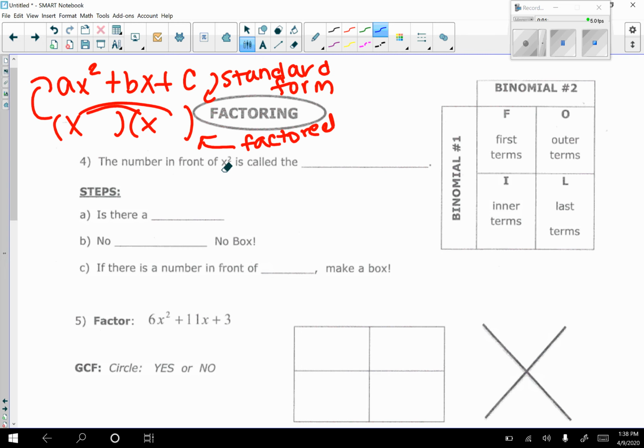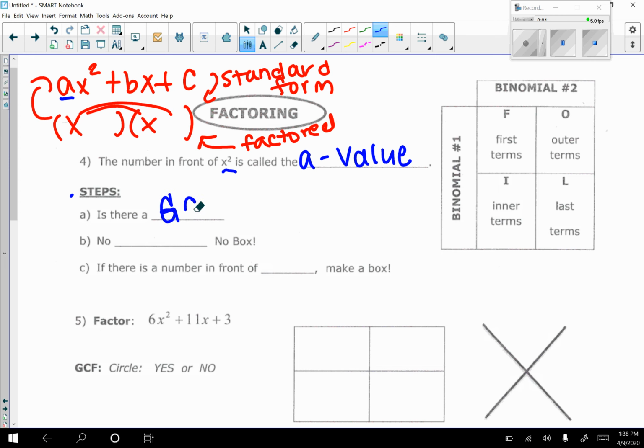All right, so the number in front of our x squared here is called our a value. You'll hear me talk about the a value a lot. It's very important that you notice the a value when you're given a trinomial. You also want to follow these steps. The first thing you want to ask yourself is, is there a GCF?